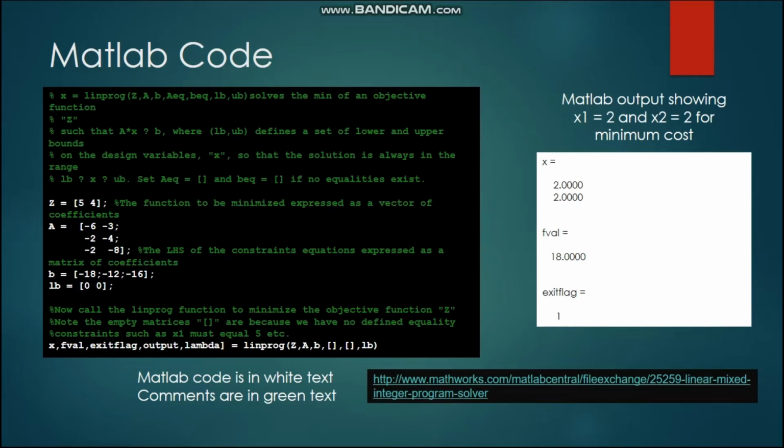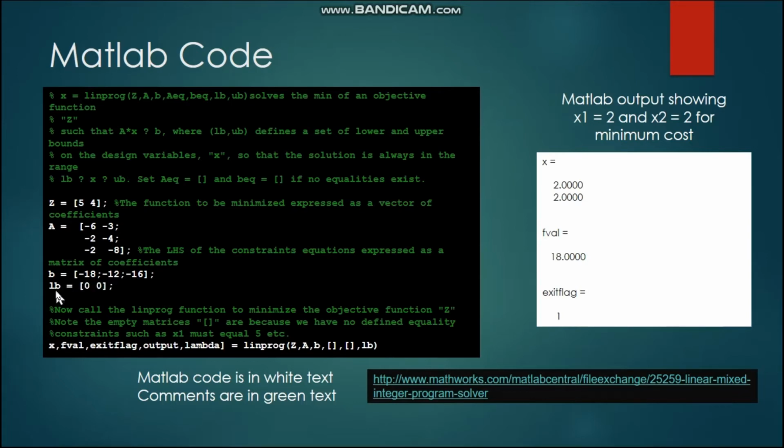Therefore, we can write our constraints as a matrix, -6, -3, with the next row being -2, -4, and the next row being -2, -8. On the right hand side, we write the B matrix. B is equal to -18, -12, and -16, which represents the right hand side coefficients of our inequality.